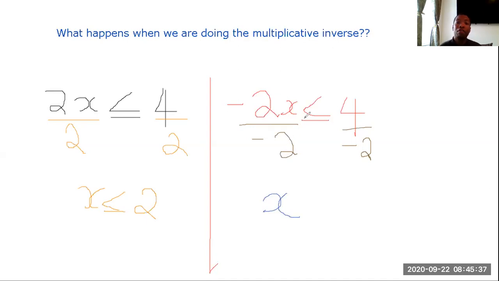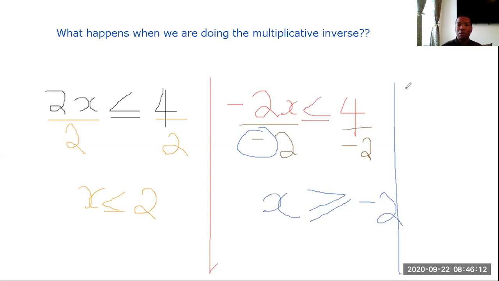And because I'm dividing by a negative number, I have to change the sign. Whoop. So it becomes x is greater than or equal to negative 2. It's only because I divided by a negative number, all right? Over here, I was dividing by a positive number, so I didn't have to switch the signs. But because I was dividing by a negative number, the signs would switch.